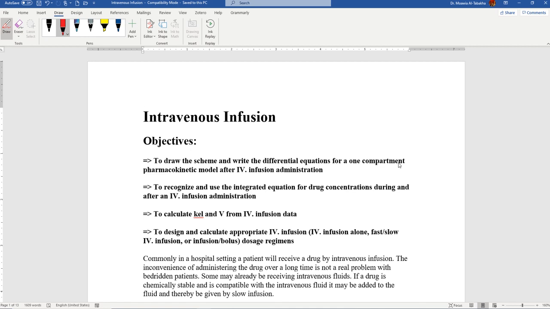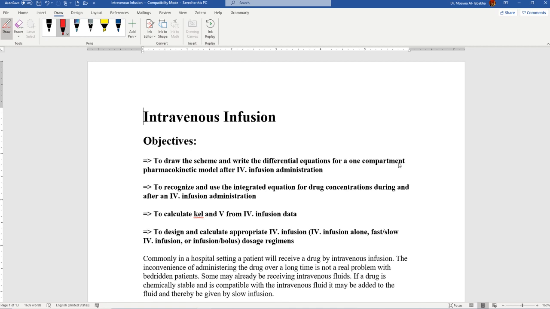I would like to welcome you to this new topic, and this topic is the intravenous infusion. In comparison to IV bolus administration, or they may call it IV push or IV injection, intravenous infusion is the administration of the drug over some time.